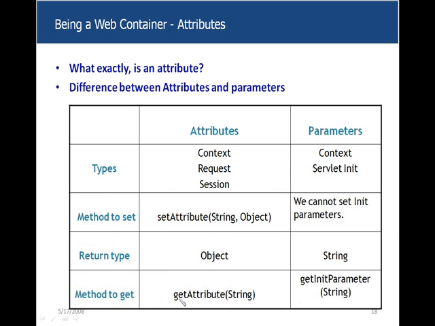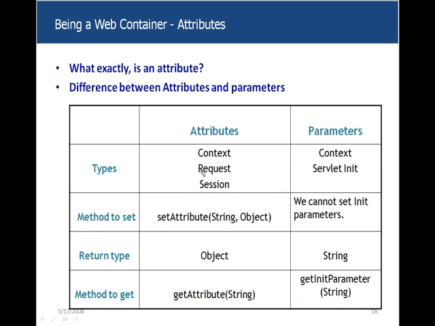So the method to get the attribute or parameter values: for an attribute you use the getAttribute method, which you call on the context, request or session object, whereas for parameters, to get the value you call the getInitParameter method, passing the init parameter key name, and you call this on the servlet context or the servlet config objects.